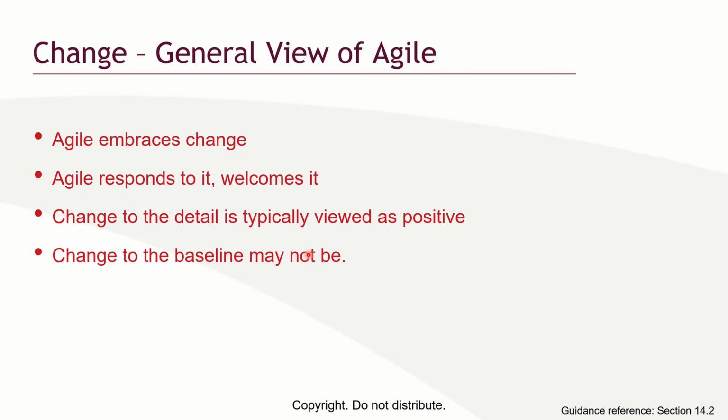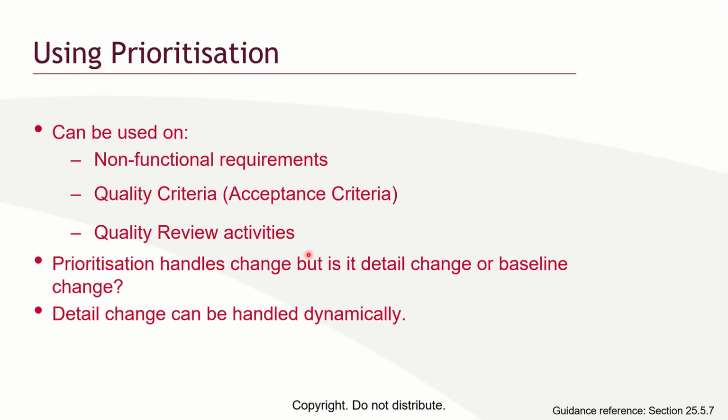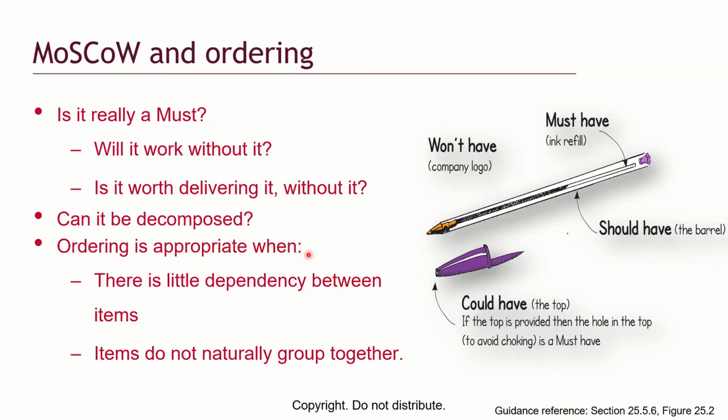But if you look at things like should have, could have, looking at the example of the pen, by the time you create a product, which is the ink refill, you might accept a change to the barrel. This barrel, maybe it is supposed to be transparent, and the company says, no, we don't want transparent again. Those changes are changes to features you can accept.